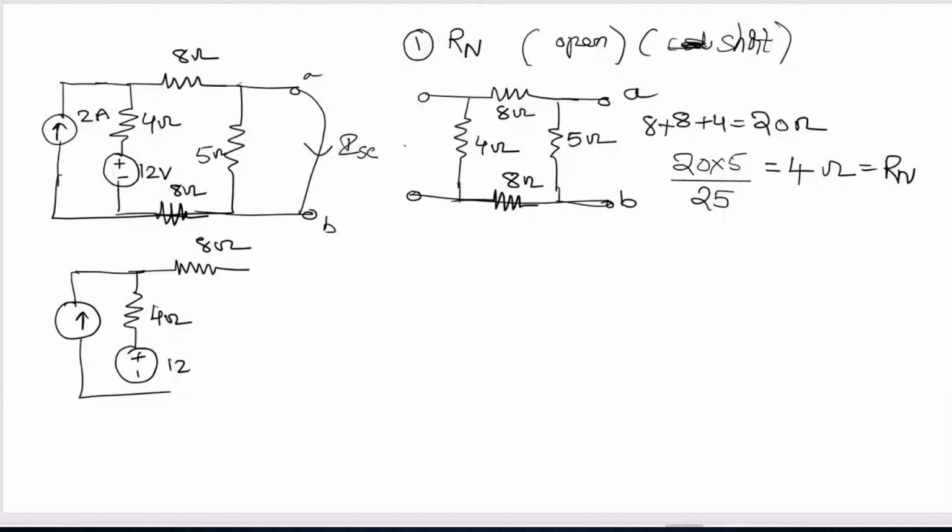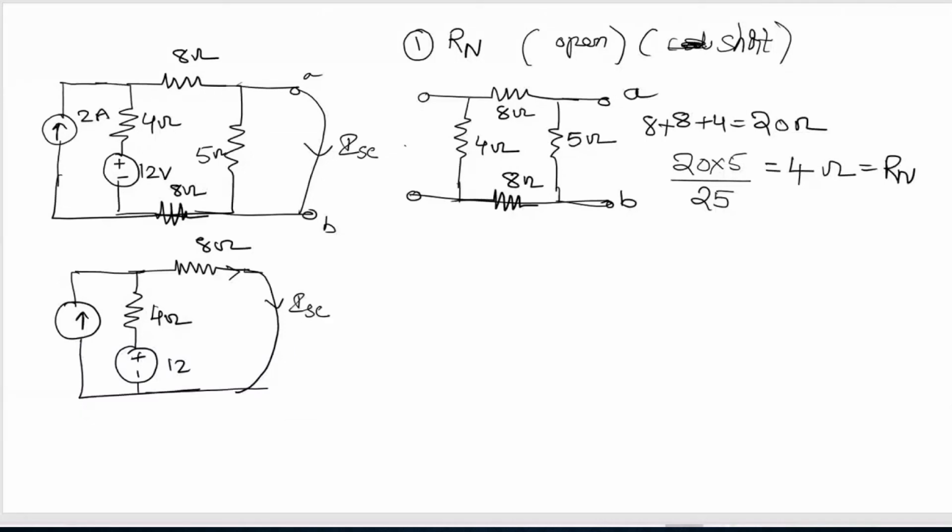Now, if you apply KVL in this loop, let I1 be the current flowing in this, and I2 the current flowing in this. Then this is 2 amperes, so I2 is equal to 2 amperes.